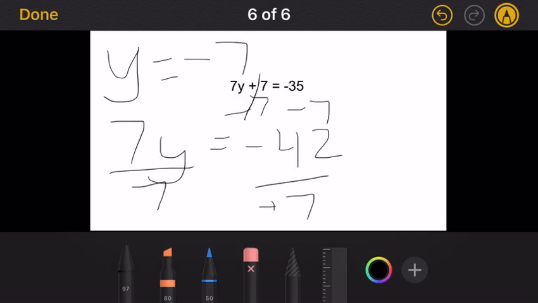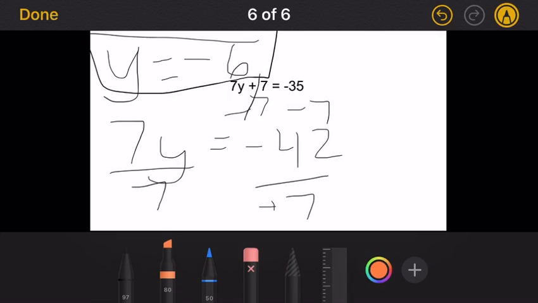It's negative 6 because 42 divided by 7 is 6, and then they have different signs. This is a negative, this is a positive. So then they produce a negative.